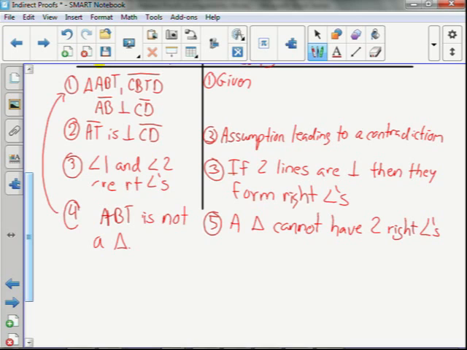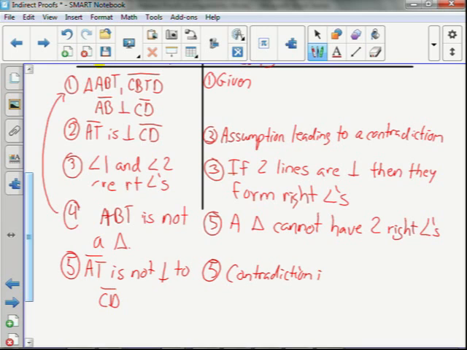So once you find your contradiction, the last step is to say what you're trying to prove, which is AT is not perpendicular to CD. And the reason for that is contradiction in steps 1 and 4.